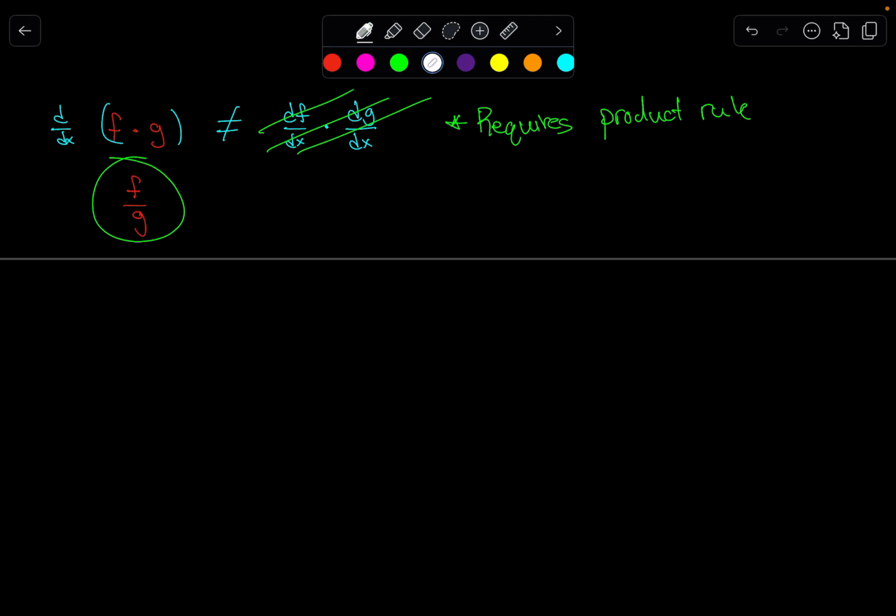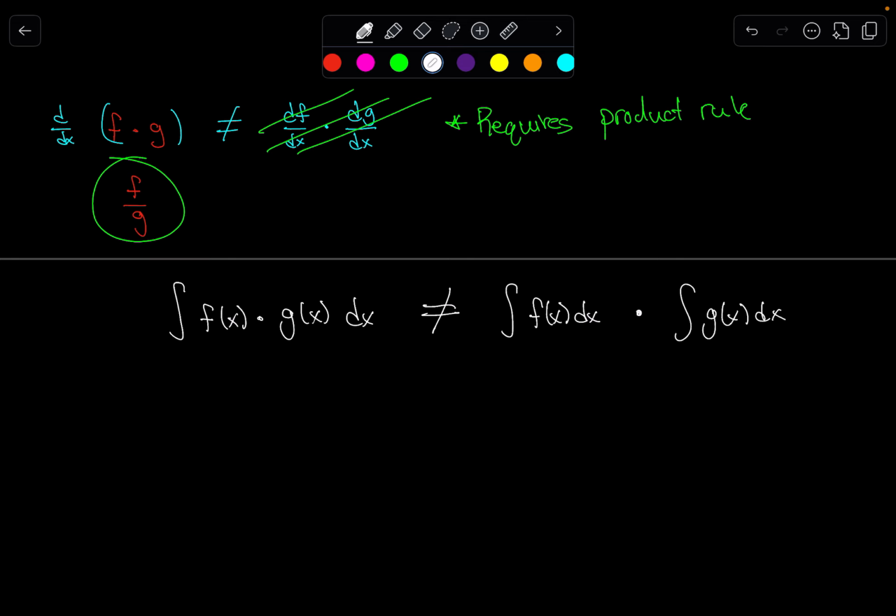And very similarly, it is not true that if I have 2 functions, the integral of f of x multiplied by g of x dx is equal to the integral of f of x dx multiplied by the integral of g of x dx. This is not equal. Same thing with a quotient, same thing if we were doing division.